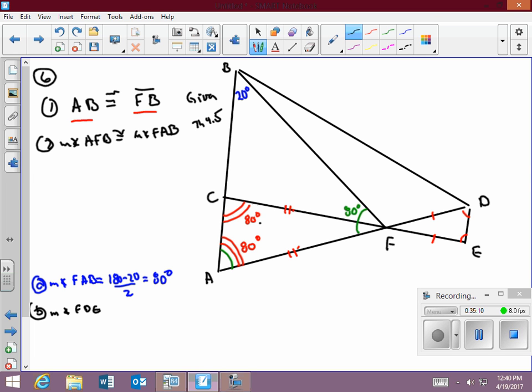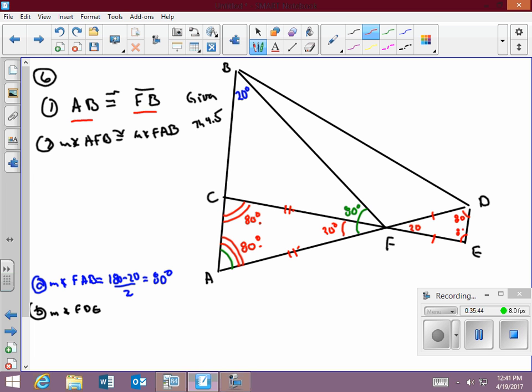If these two right here are 80, then this one right here has to be 20, right? Because 80 and 80 away from 180 is 20. That means the opposite vertical angle will also be 20. This angle is 20 degrees, so that means these two have to be 80 degrees.